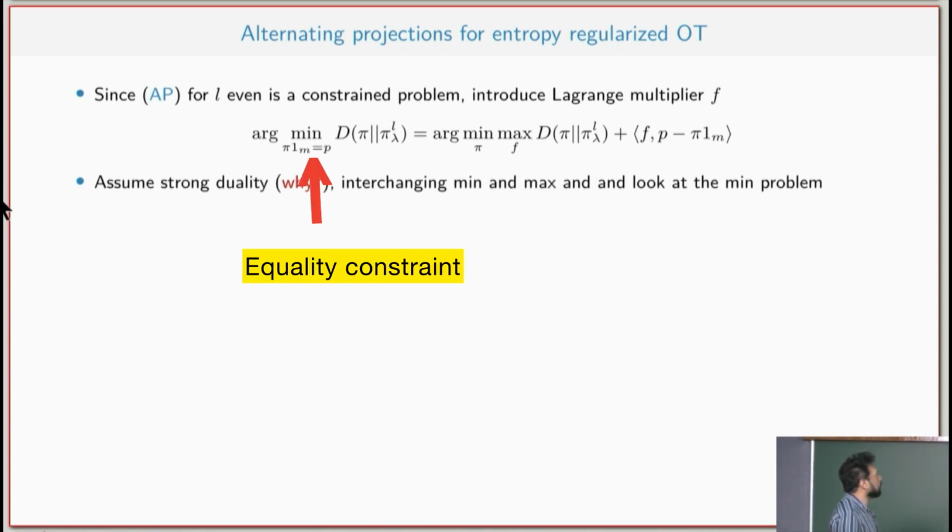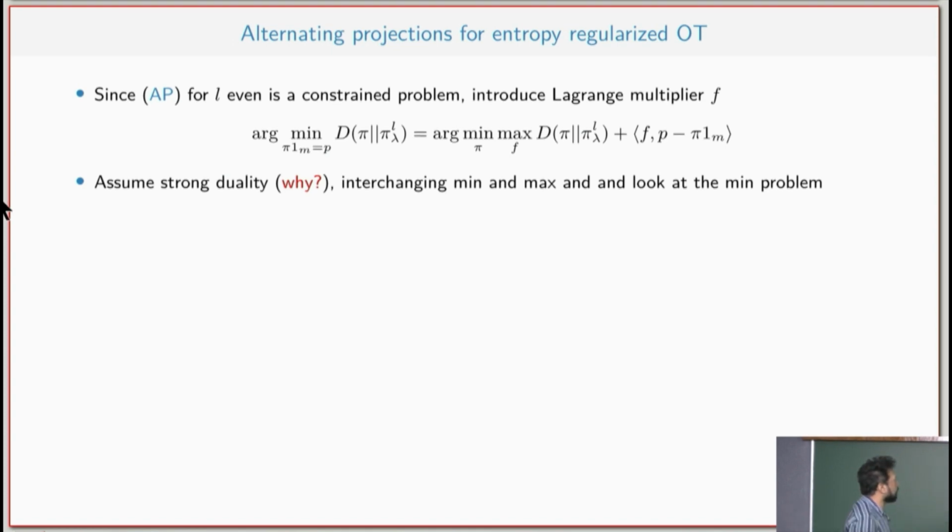We had this equality constraint, so we put that because it was not just the minimization of KL divergence, but with the additional condition that if I'm minimizing with respect to the joint distributions with marginals in P, then I look at that equality constraint, and then I form the Lagrangian, and then I have these min-max formulations.